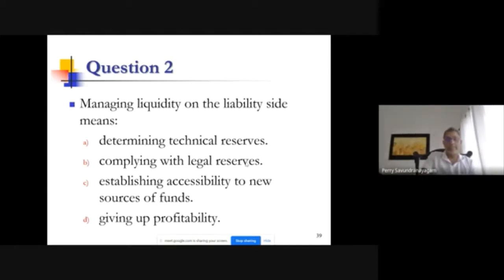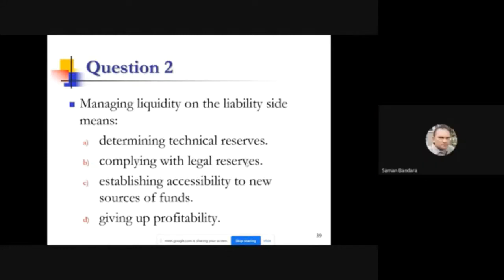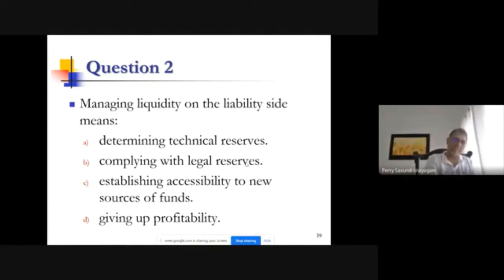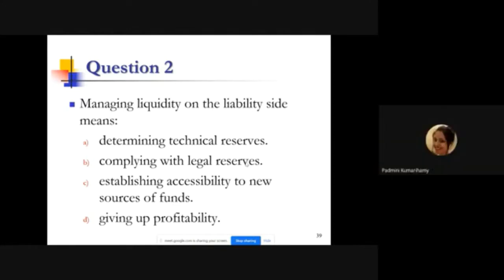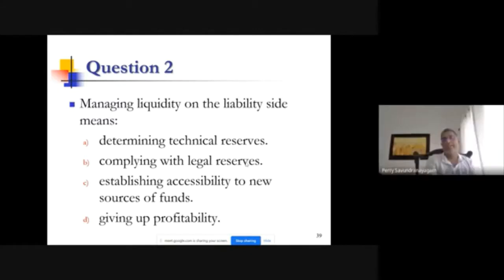On the liability side, huh? Establishing accessibility to new sources. Okay, so we have somebody saying D, somebody saying C. Anybody else? C. C, okay.